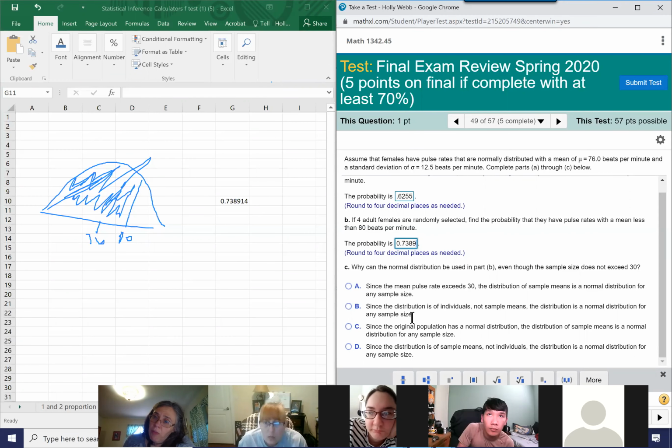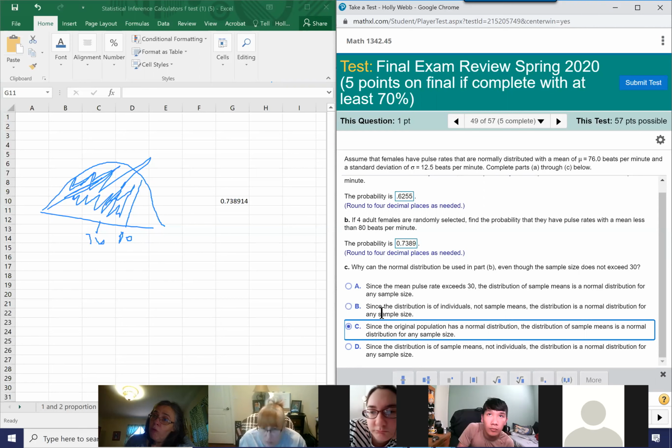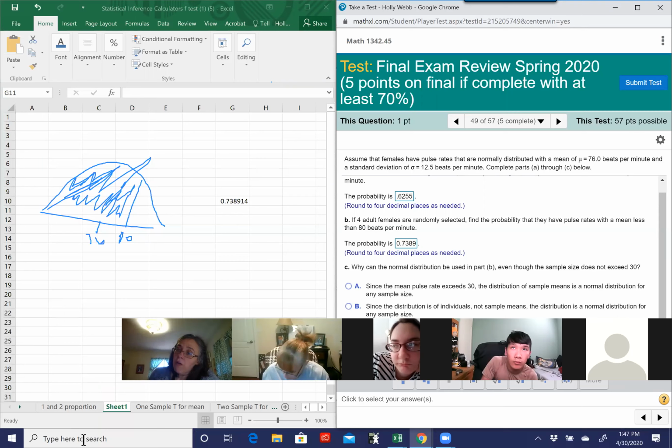So if we can assume that, then since the original population has a normal distribution, the distribution of sample means is normal for any sample size. Okay, so since it already stated that the population was normal, we can go ahead and proceed even if the sample size is not 30 or greater.